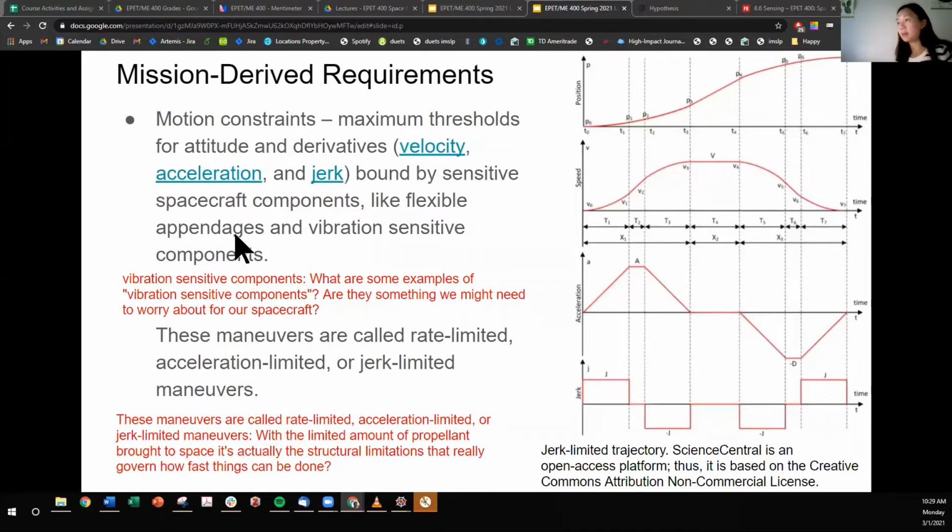bound motion by vibration-sensitive components. So what are some examples of vibration-sensitive components? Are they something we might need to worry about for our spacecraft? Yes, we should worry about it because there are vibration-sensitive sensors on our satellite. Vibration-sensitive components could be detectors on board. For example, some IMUs don't like to be impacted.